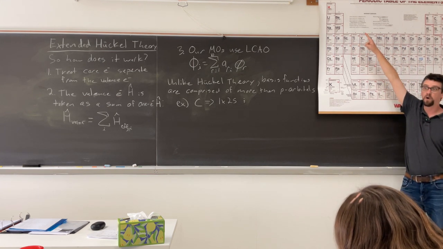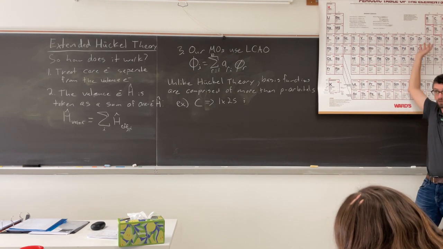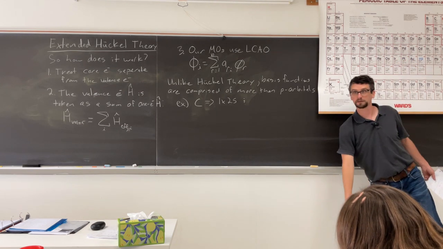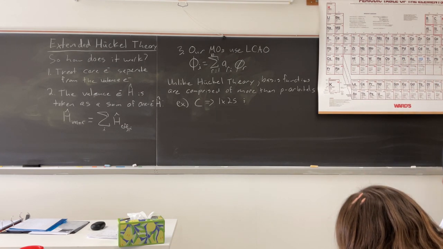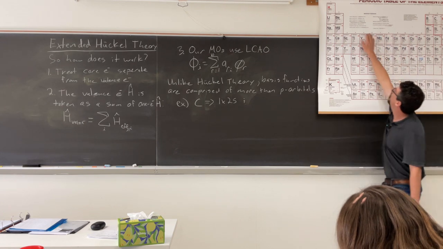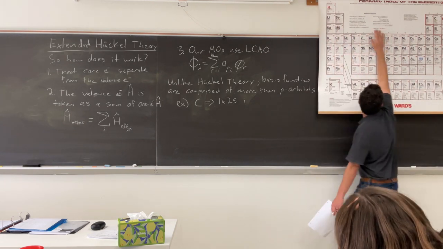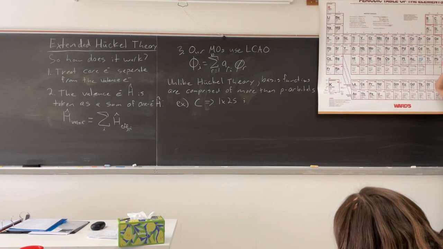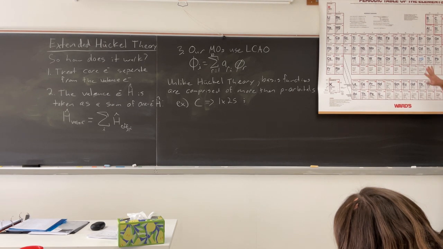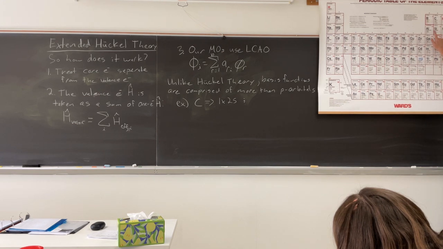The 1s is a core electron. We don't care about core electrons. So now we only have this shell to deal with. We have 1 2s because it's in the valence. Remember, each orbital can occupy 2 electrons. And how many p's?